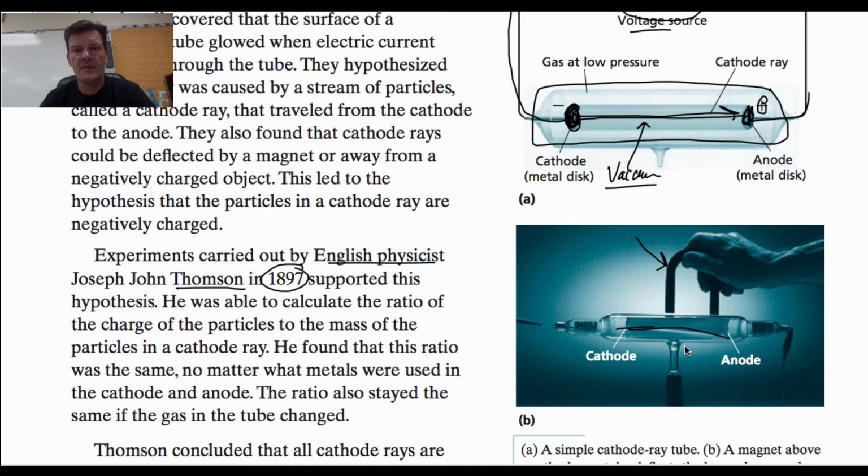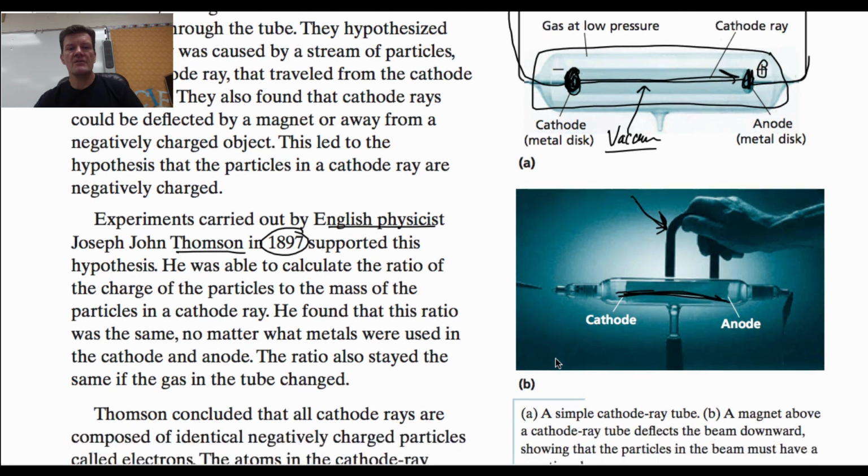Okay? And so from that, he knew that the magnets had magnetic properties. Okay, you guys know that the magnet has a north and a south pole to it, right? Well, this electrical charge had magnetic properties as well, and so it reacted to this magnet being in close proximity.